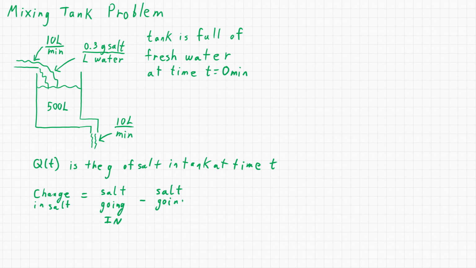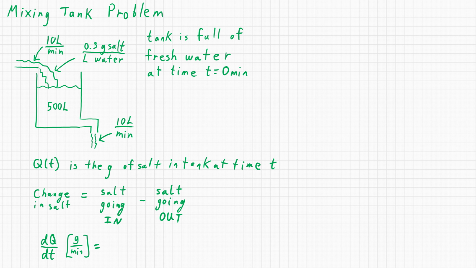Change in salt sounds a lot like Q prime, and I'm going to write it as dQ/dt here. I'm going to keep track of the units at the same time as well. Q has grams, t has time, so dQ/dt is in grams per minute. That's going to equal salt going in.